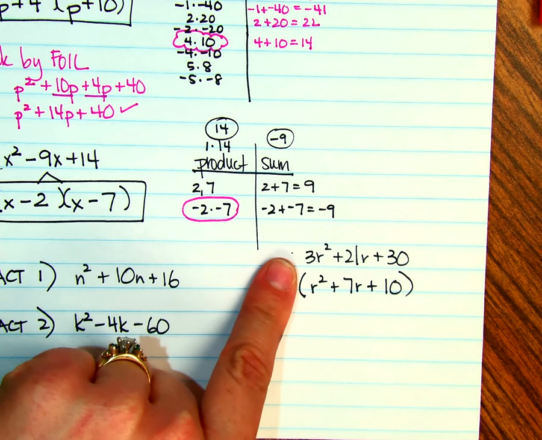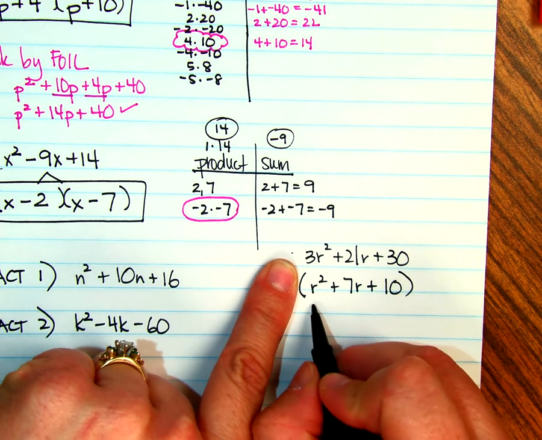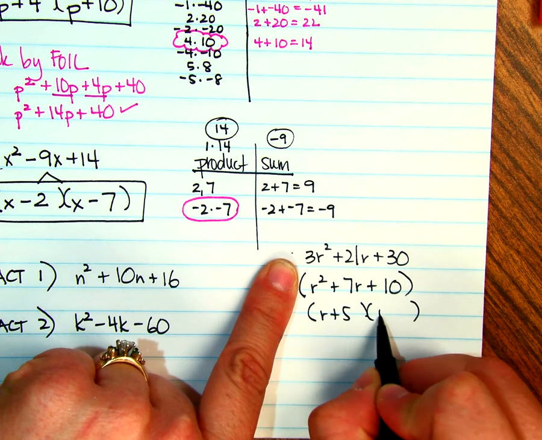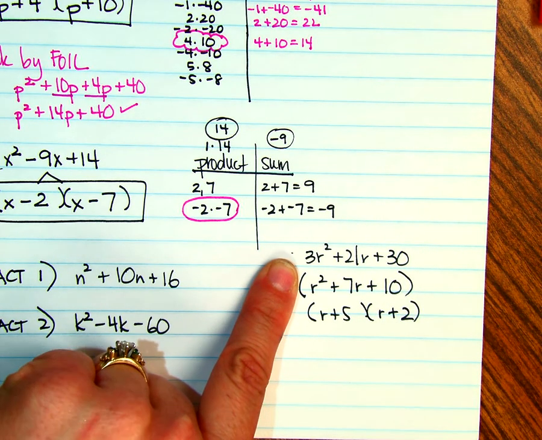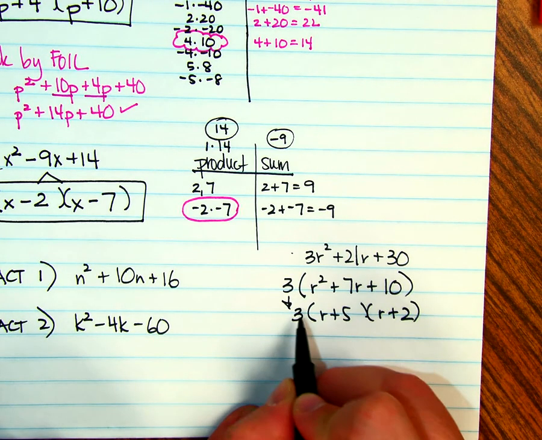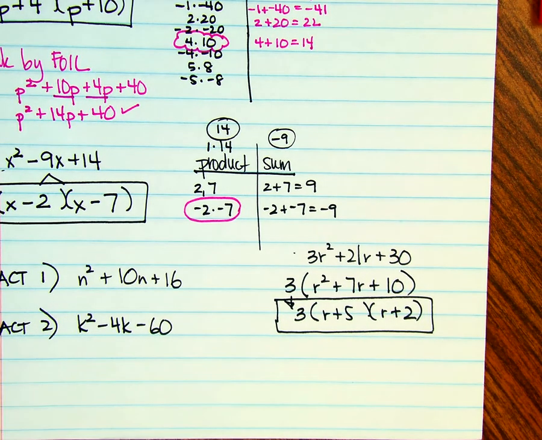So I'm going to cover that up so it doesn't confuse me. I don't need to use it. This is going to end up giving me two binomials of r plus 5 and r plus 2. But don't forget to bring down your greatest common factor. This would be your answer. So even though we're not quite there yet, you should be always looking for the greatest common factor first.